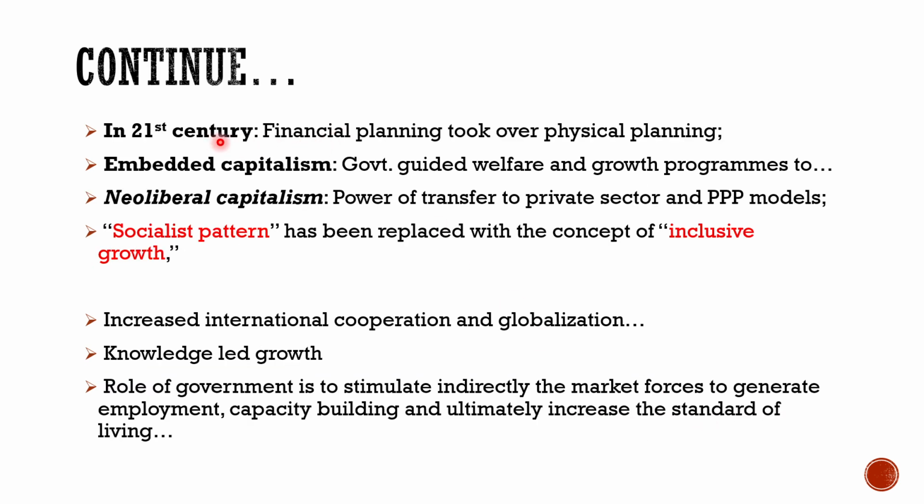In 21st century, now we focus much on financial planning rather than physical planning, because now in 21st century every nation is very much integrated with each other, and we have moved from embedded capitalism to neoliberal capitalism.